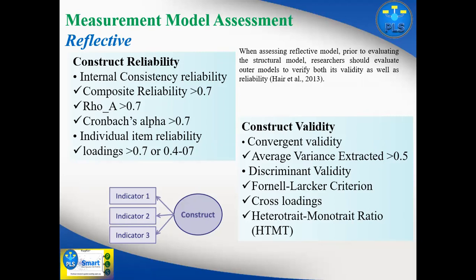Two constructs, for example, satisfaction, then reward, any two constructs. So in satisfaction, you have 4 items. In reward, another construct, you have 4 items.